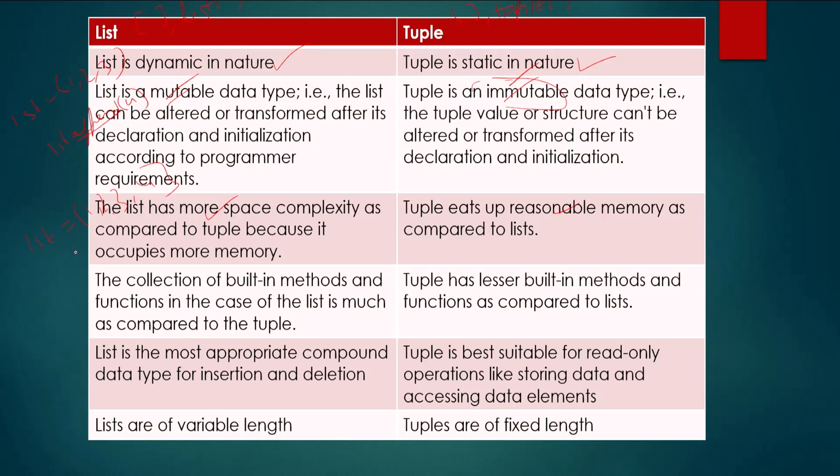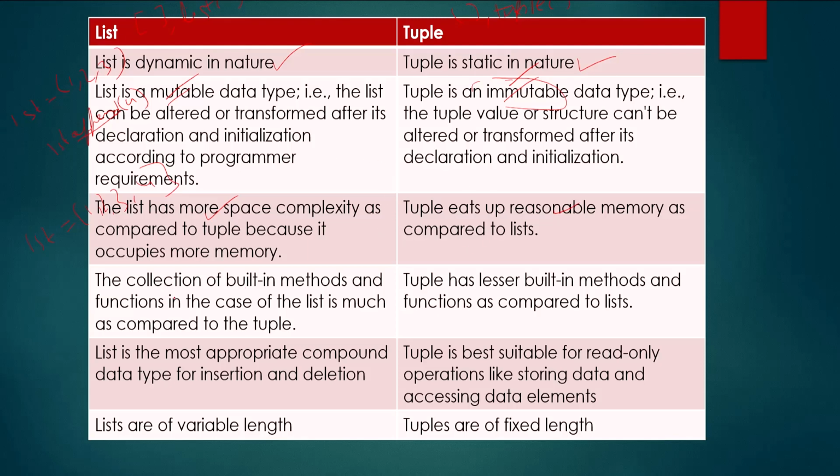While initializing, the list will allocate some extra space, and whenever we want to add some elements to it, it will utilize that space and store the values within it. But since tuples are immutable in nature, they will not create any extra space. Whatever elements were declared at the time of initialization, it will create space for those elements only.